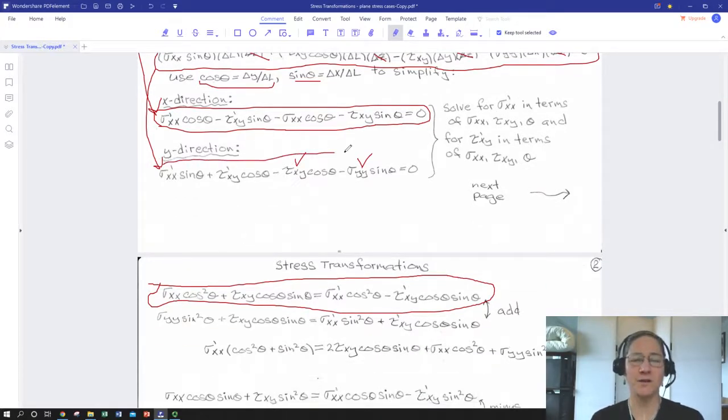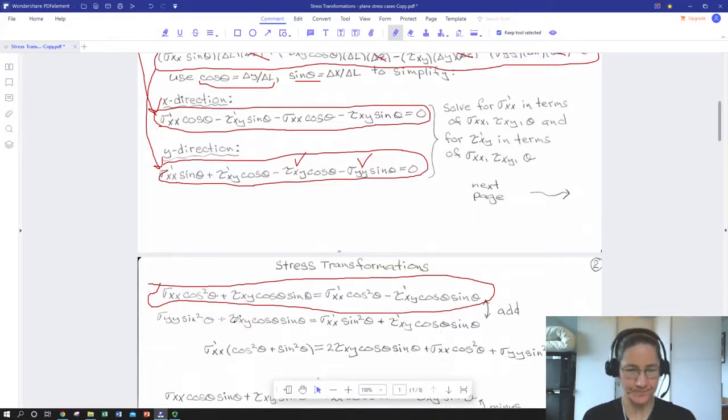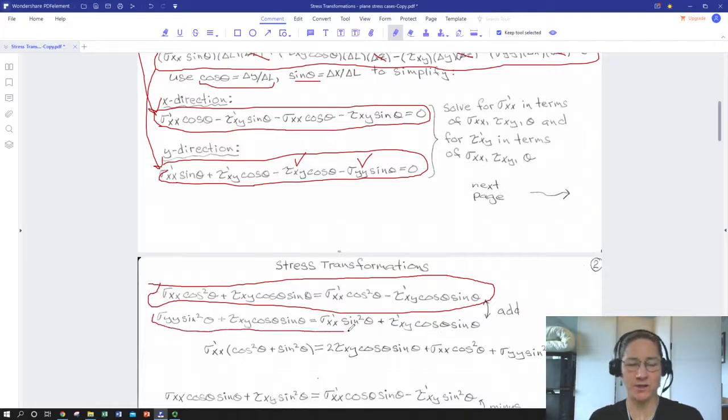We do the same down here, and we multiply this expression by sine theta. So our normal stresses end up getting a sine squared, and our shear stresses end up getting a sine cosine. And we get this expression. Then we add the two together.